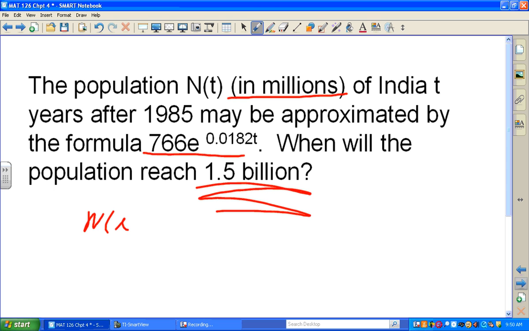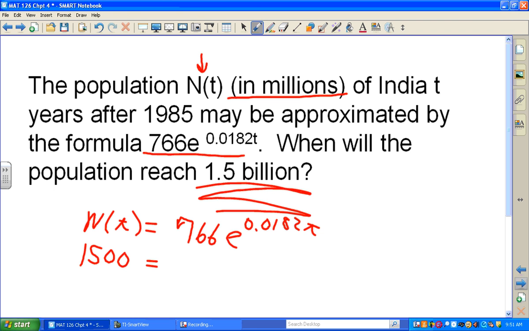So if this equation is in millions, what am I going to set it equal to? 1.5 is in billions. It says this is in millions. So we should put equal to 1,500. There. 1.5 billion is like 1,500 million. And now you solve.